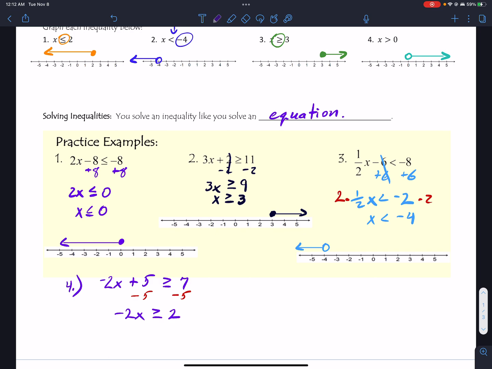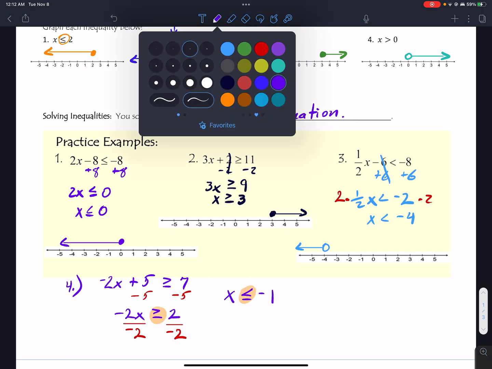Then divide by negative 2. And because the number I'm dividing by is negative, I'm going to have to switch the inequality symbol. When I divide by a negative or multiply by a negative, the inequality sign will change. So that gives me x is less than or equal to negative 1. And notice the inequality sign changed.